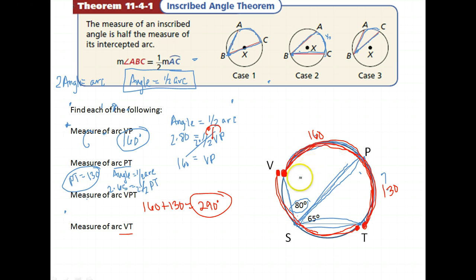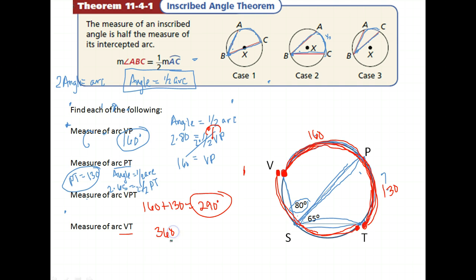Well, we don't have the intercepted or the inscribed angle that makes it, but here we're going to use the facts about a circle. How many full degrees are in a circle? Because notice if we put the arc we just found, VPT, together with the one we're trying to find, VT, we get a full circle. Okay, a full circle has 360 degrees.